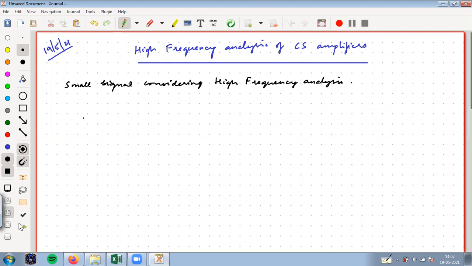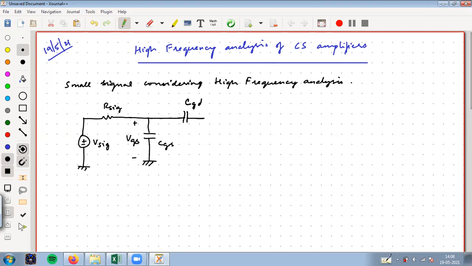First, I need this V signal connected to ground. Then I have R signal. You have a CGS here, the gate to source capacitance, and the voltage across it I will call VGS. Then I have a CGD, the capacitor between the gate and the drain terminals.